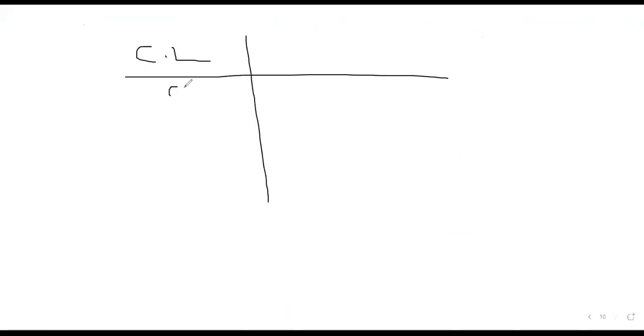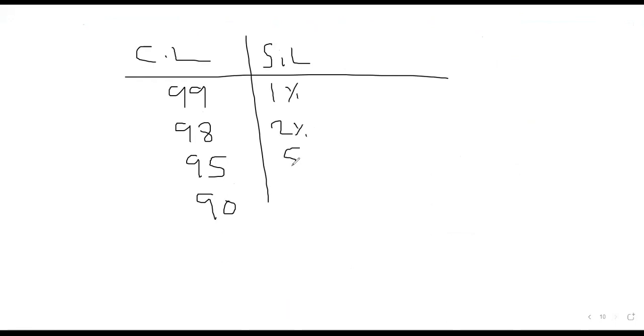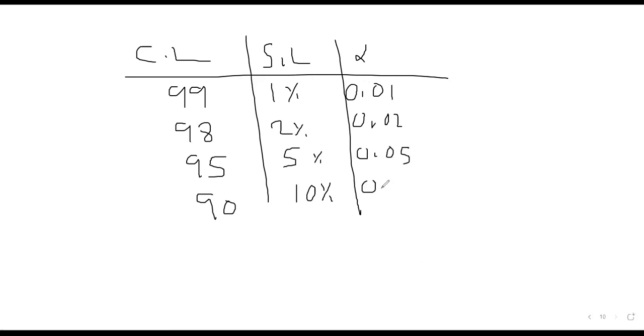Okay. So we have 99% confidence level, 98% confidence level, 95% confidence level, and 90. The difference from 100 is called the significance level. This is 1%, here we have 2%, here 5%, and here 10%. When you divide this by 100, we call this our alpha, which is 0.01, 0.02, 0.05, and 0.10.